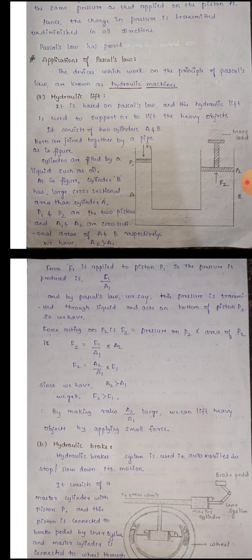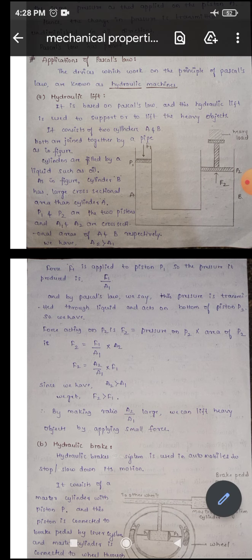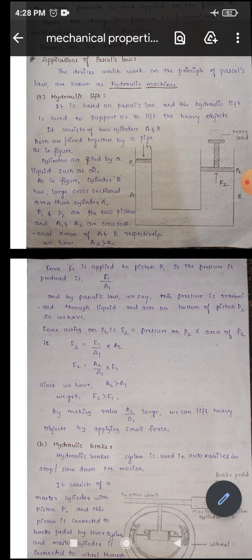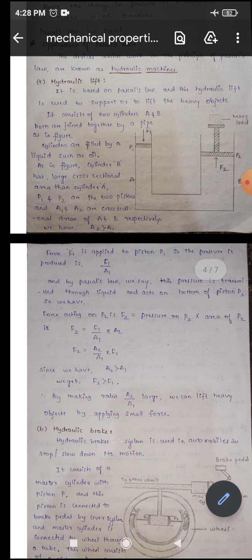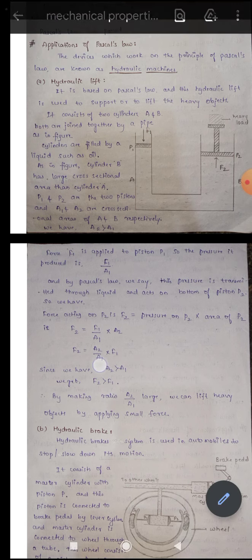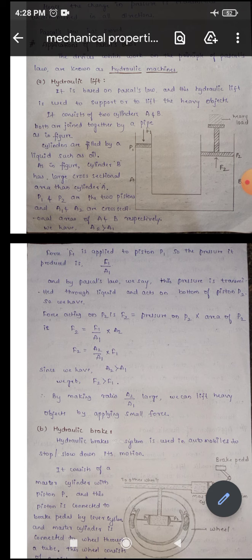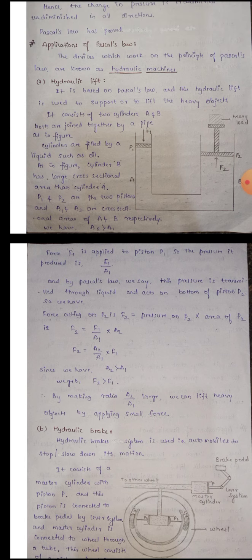Since we know that A2 is greater than A1, by this diagram we can see that the area of cross section of cylinder B is greater than the area of cross section of cylinder A. So as A2 is greater than A1, this whole quantity A2 by A1 is more than 1. So F2 becomes larger than F1.